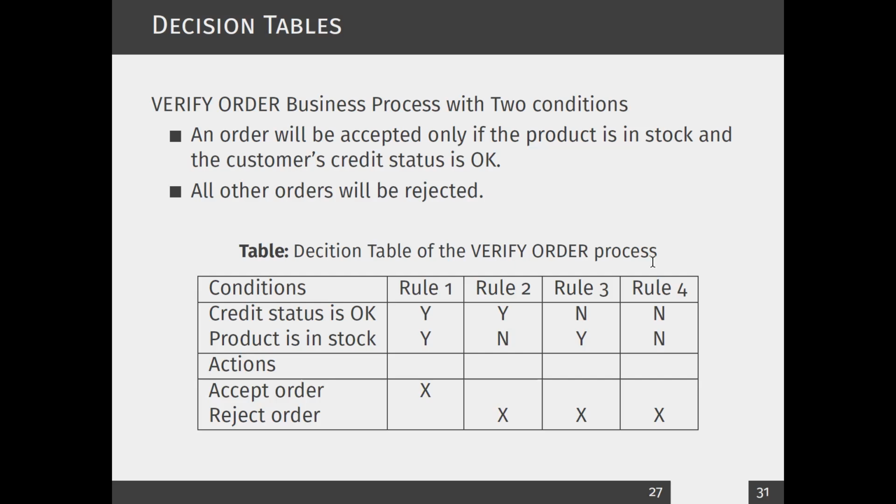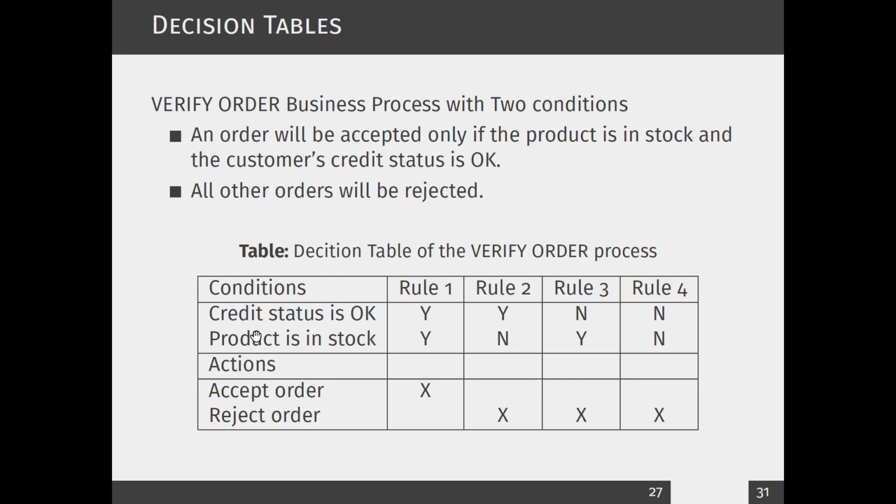And all possible other orders, we are going to reject. Now that means we have two conditions, right? The first condition is customer credit status. We want to check whether the credit status is okay. The second condition is whether the product is in stock. We have to have the product.